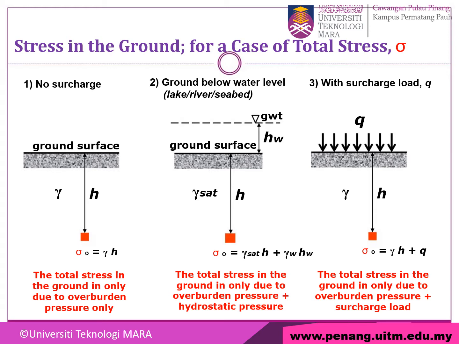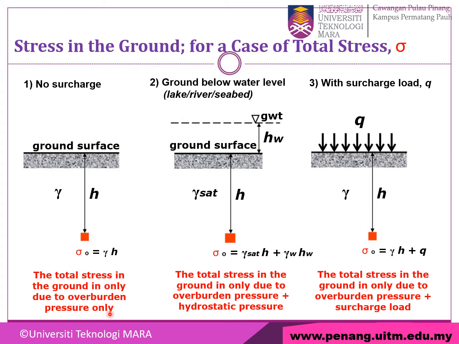Alright guys, look at this. Stress in the ground for a case of total stress. Okay, look at this. We have no surcharge. So that means there is no surcharge on the top of the ground surface. So if there is no surcharge, the total stress in the ground is only due to overburden pressure.